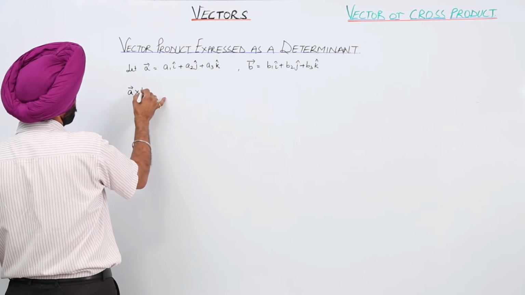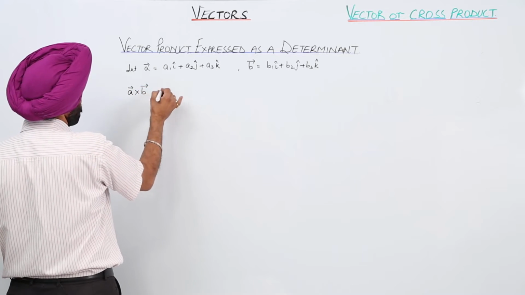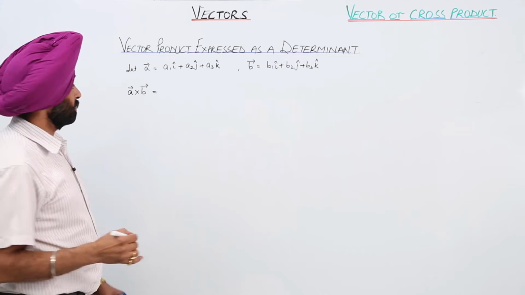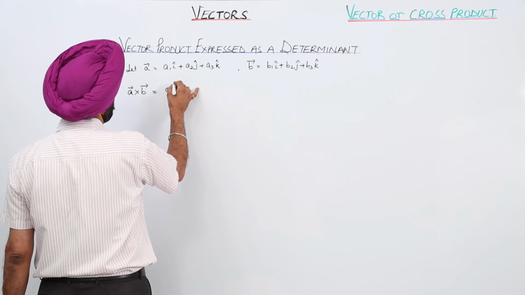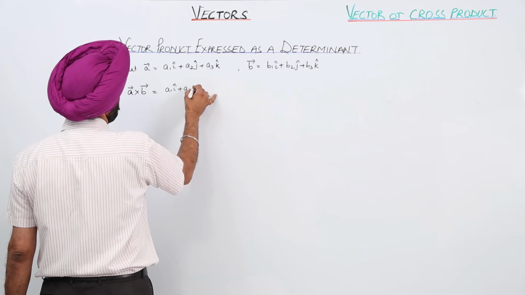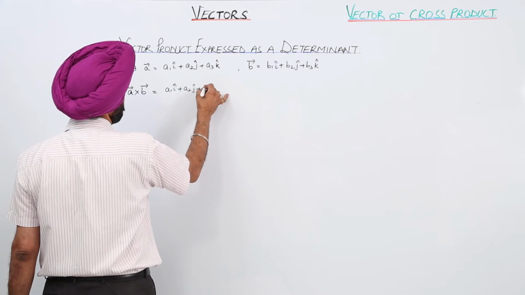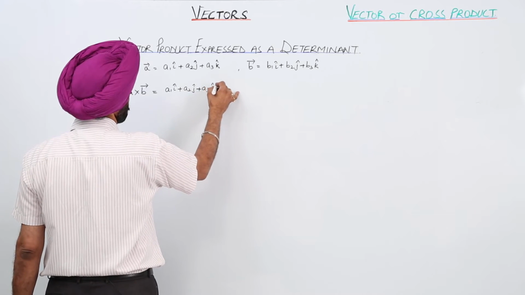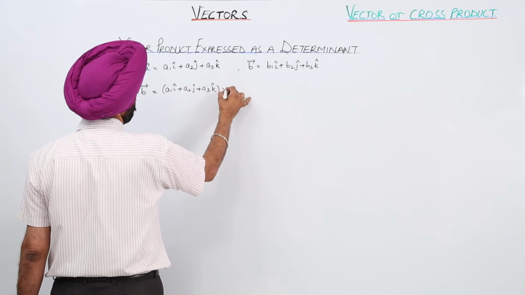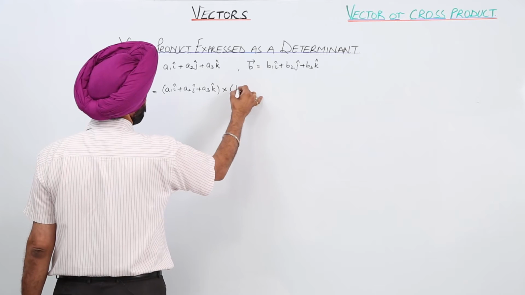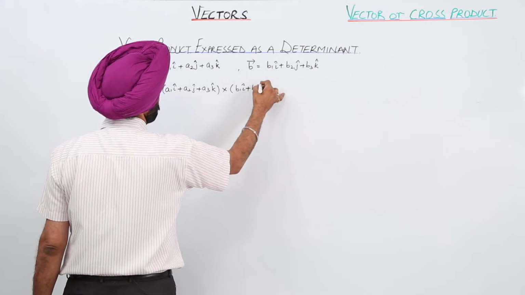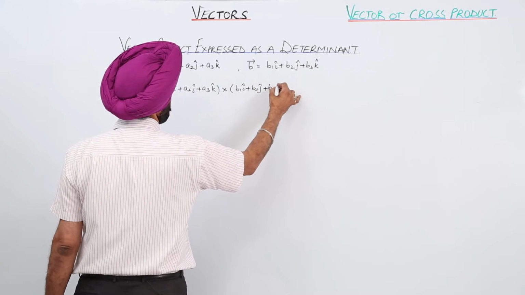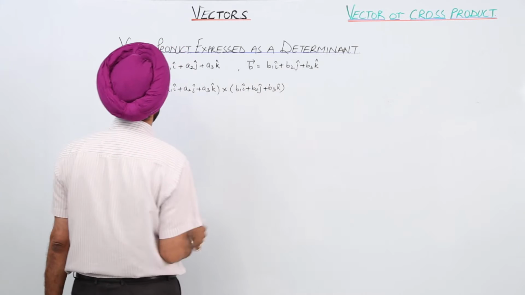Vector A cross vector B is equal to, we can write it as (a1 i cap plus a2 j cap plus a3 k cap) cross (b1 i cap plus b2 j cap plus b3 k cap).